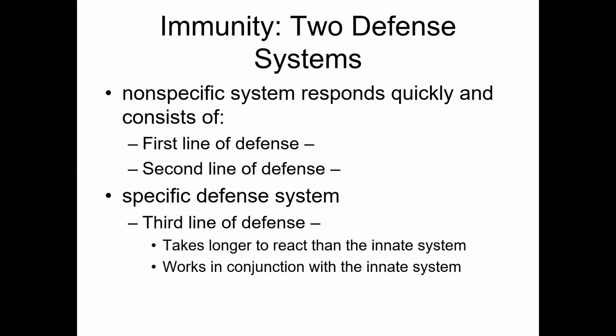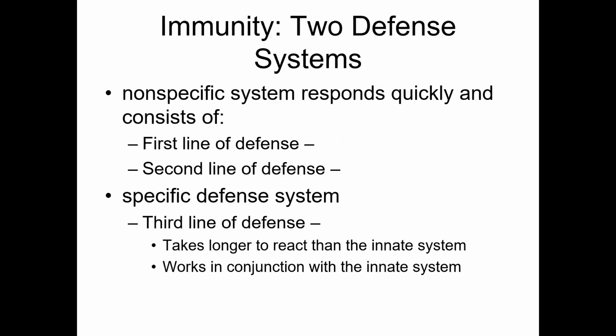So that is pretty much the first line of defense. Also, there are sweat glands and hair. Sweat glands secrete acidic fluid, and that will inhibit bacterial growth. So all these are considered the first line of defense. The second line of defense, please remember, is still non-specific defense mechanisms.